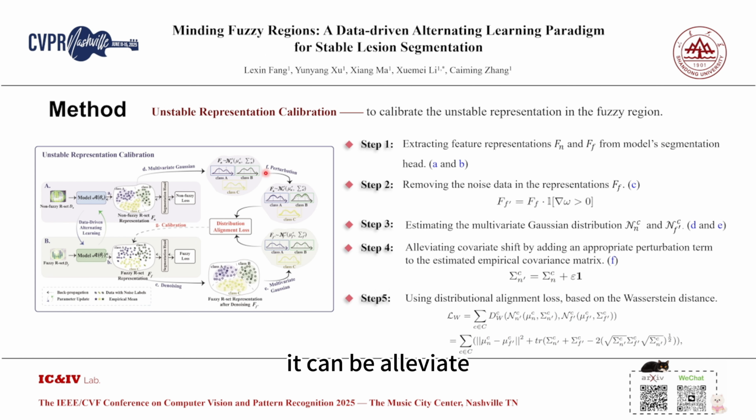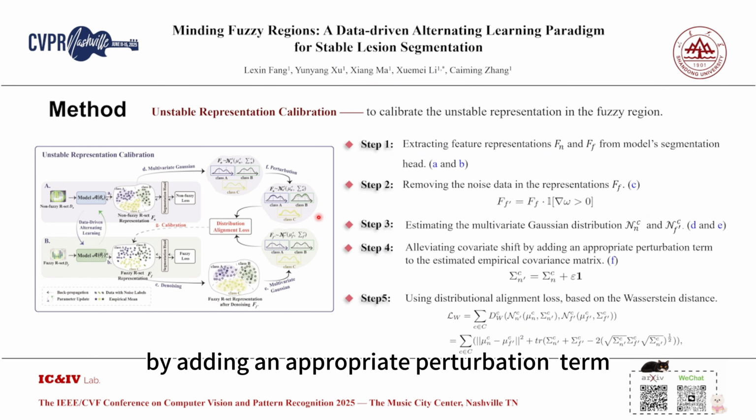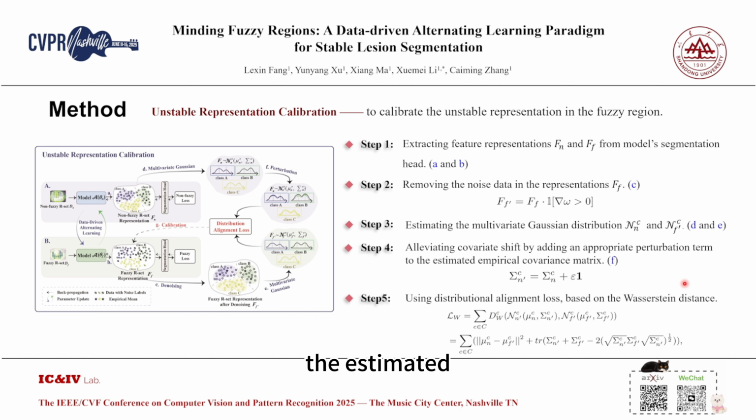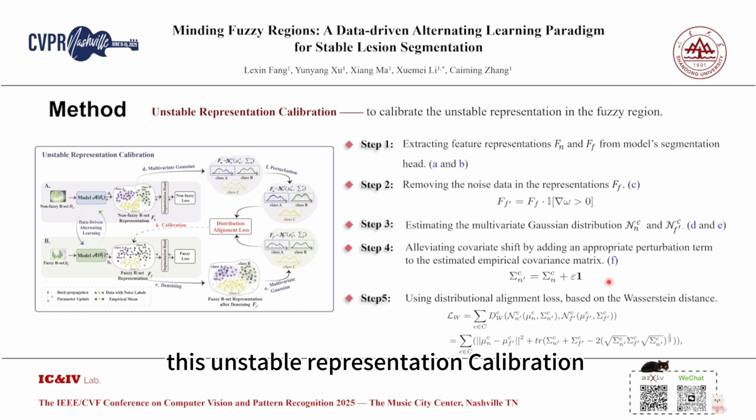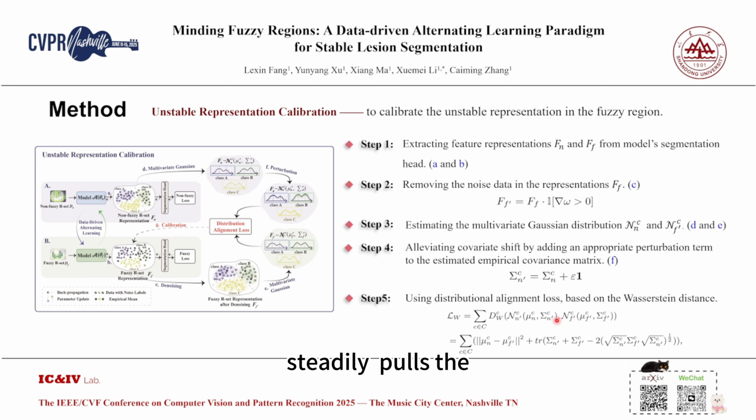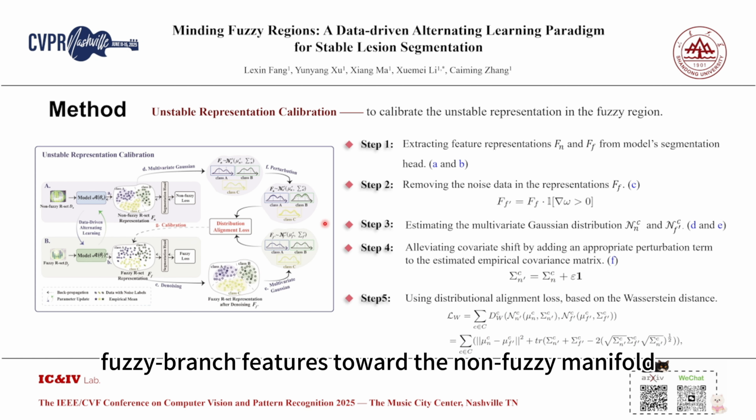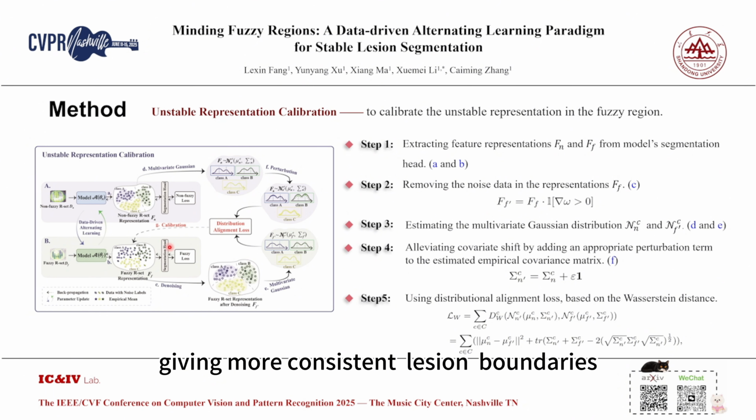It can be alleviated by adding an appropriate perturbation term to the estimated empirical covariance matrix. This representation alignment steadily pulls the fuzzy branch features toward the unfuzzy manifold, giving more consistent lesion boundaries.